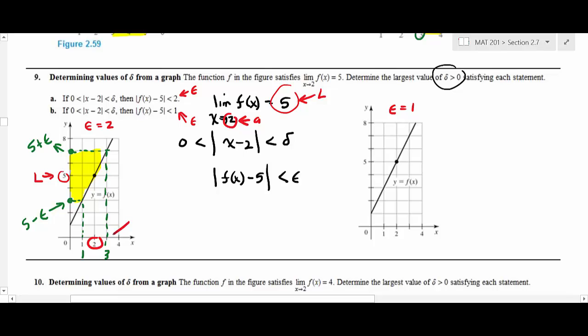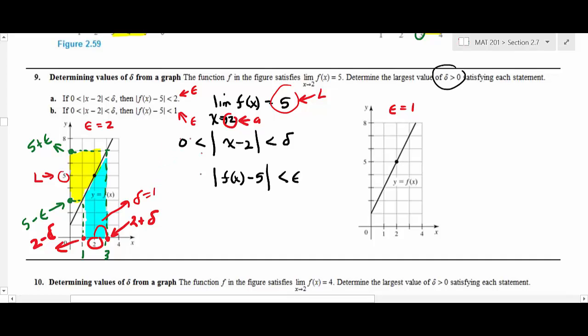This point is going to be 2 plus delta, and this point is going to be 2 minus delta. So you would end up having your delta belt like that. Your job is to find the largest delta. The largest value of delta is the distance from there to there, so that largest value of delta would be equal to 1.